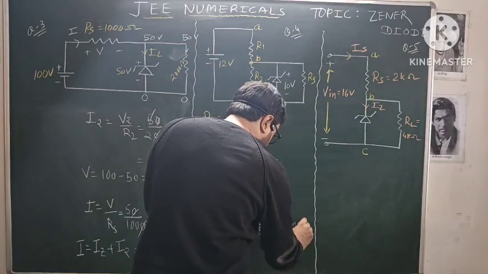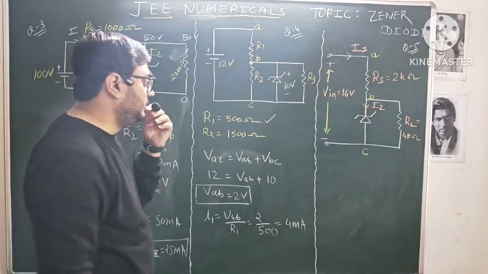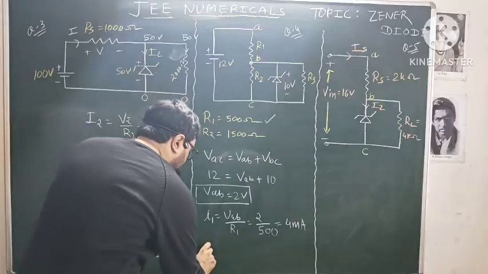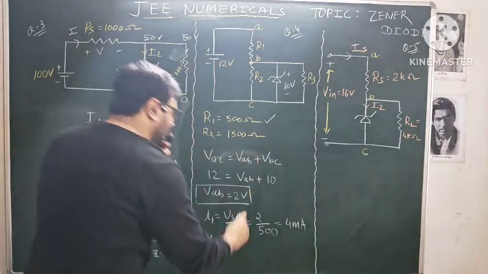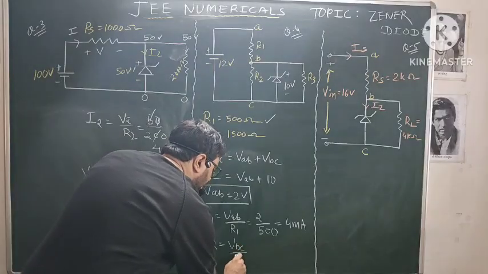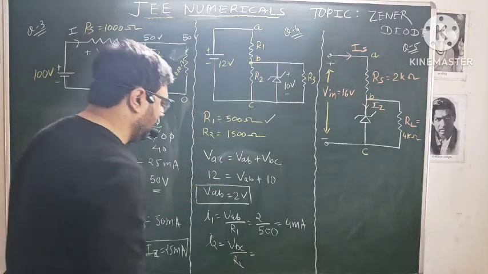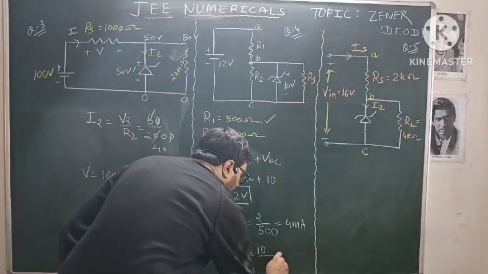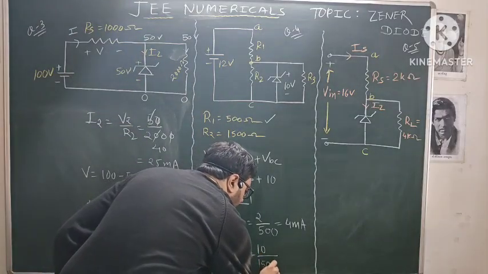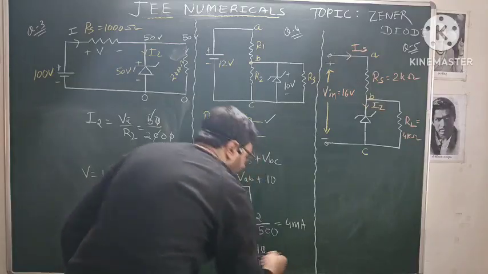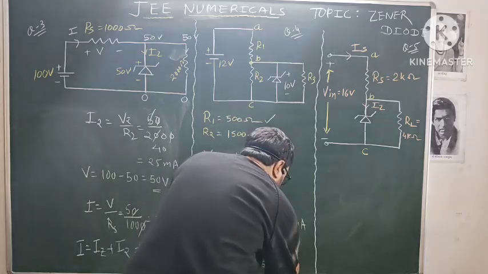When you simplify this, you get the answer 4 milliampere. Similarly, you can find the current through the resistance R2, that is I2, which is VBC upon R2. Now what is VBC? That is 10 volt. So 10 upon R2, which is 1500. Now we do this further calculation, and we get the answer 6.7 milliampere.